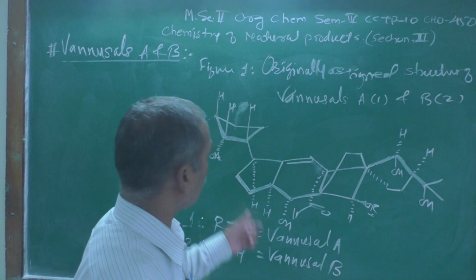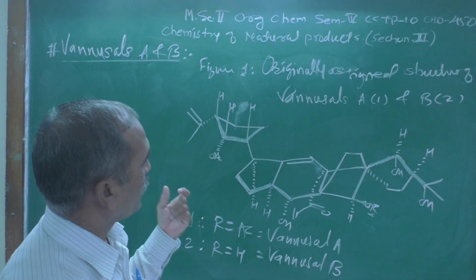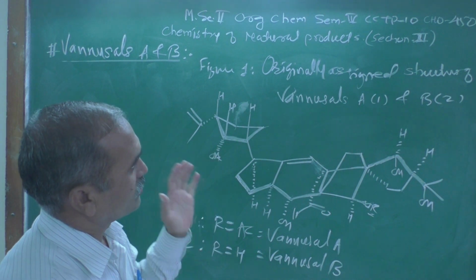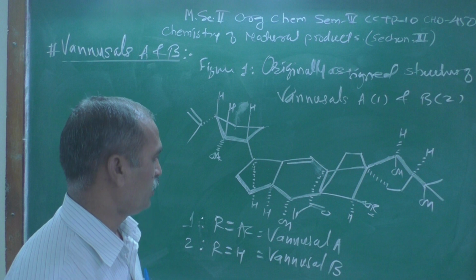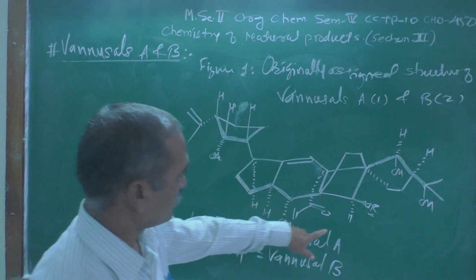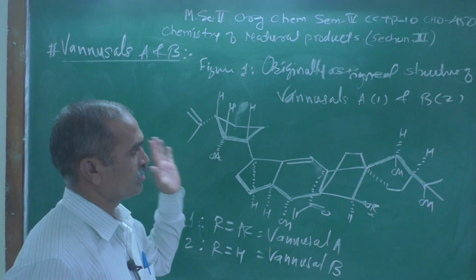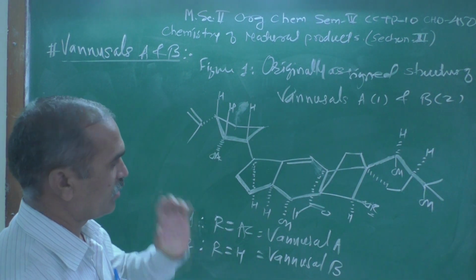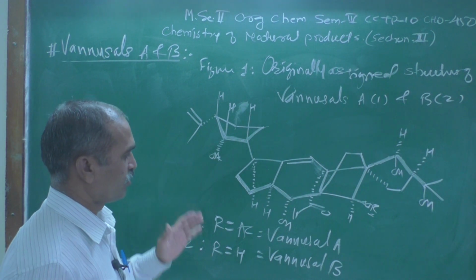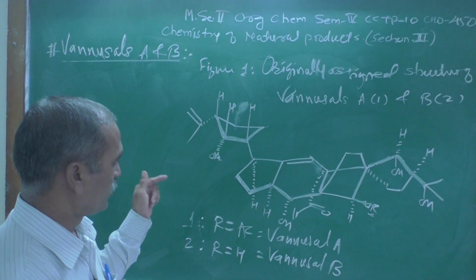Now, look here. This Figure 1 represents the originally assigned structures of Venustatriol A (1) and B (2). The nature of the R group is shown, and the stereochemically three-dimensional structure of Venustatriol A and B is represented here.